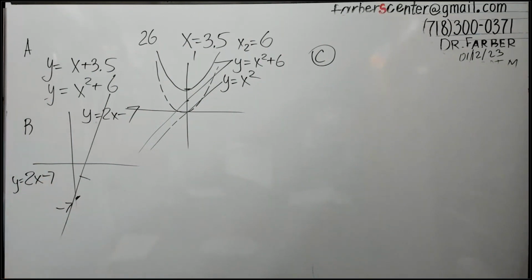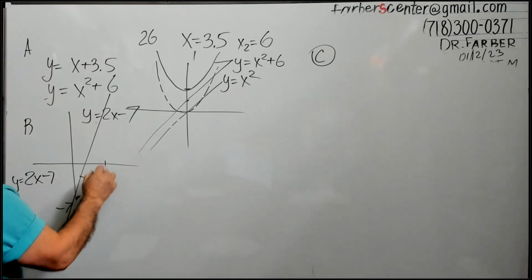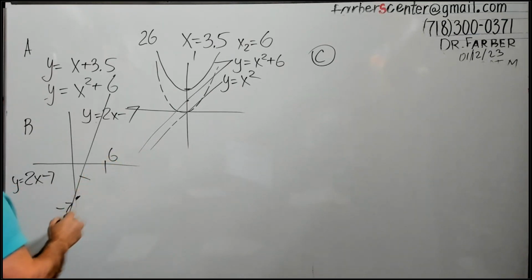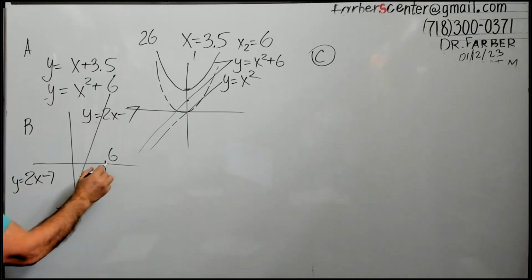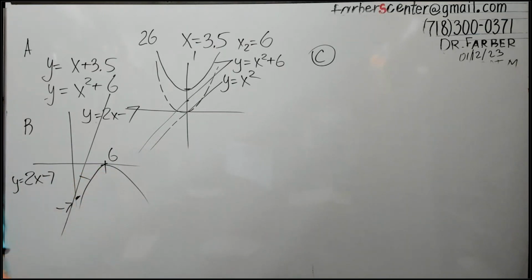And the second one is negative x minus 6 to the second, which means you shift it to the right. This is 6, and your parabola goes like this. Also no intersection.